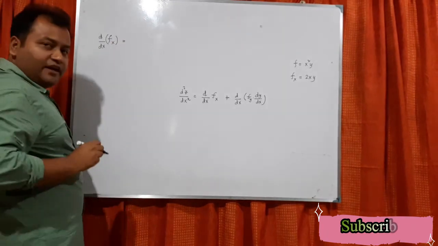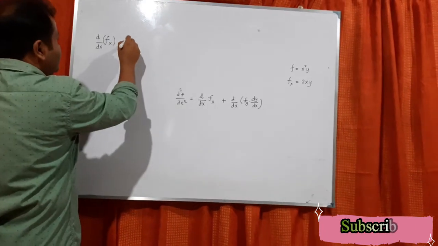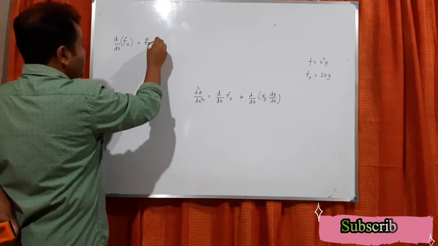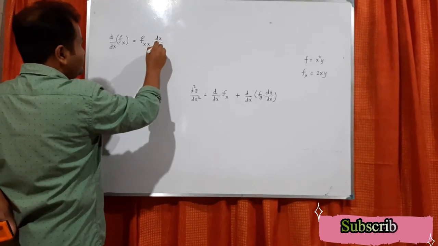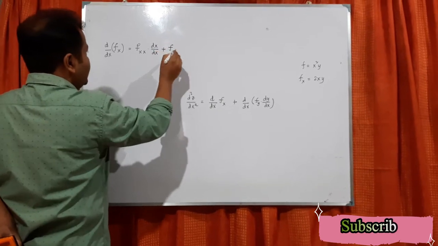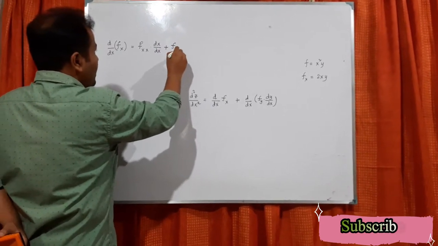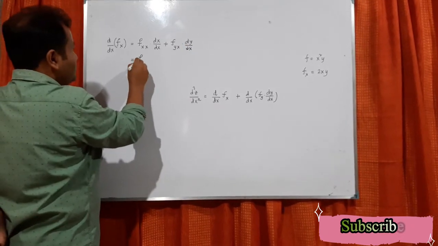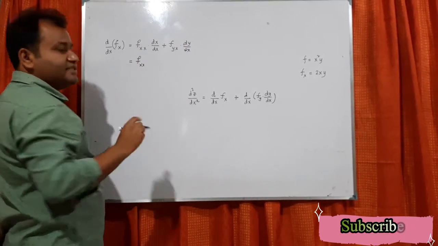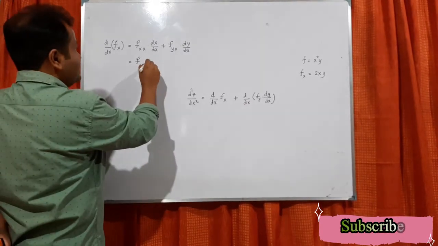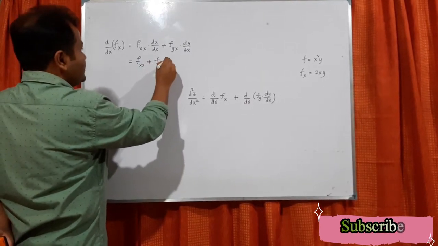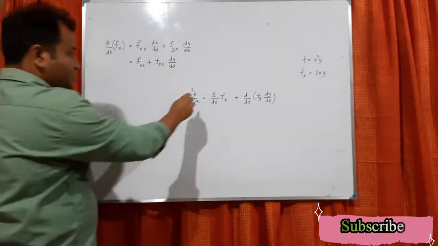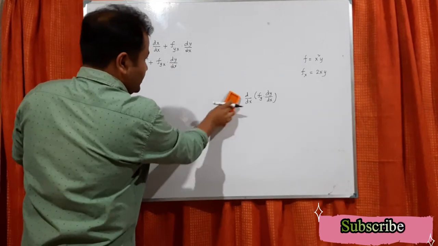So what will be the derivative? The same logic: derivative with respect to x into dx/dx plus derivative with respect to y into dy/dx. So what we have got is fxx, dx/dx being 1, plus fyx into dy/dx. Fine. So the first one we can understand.